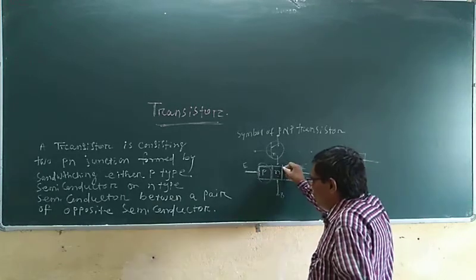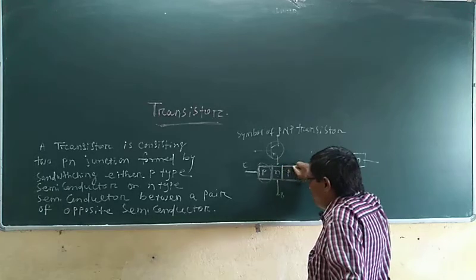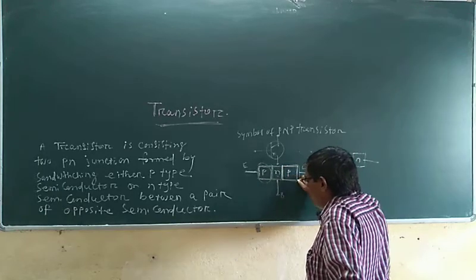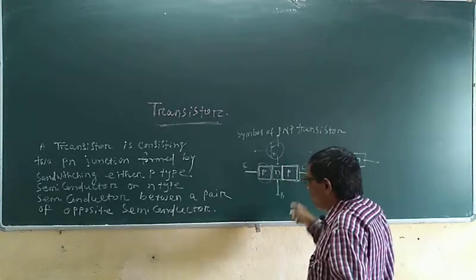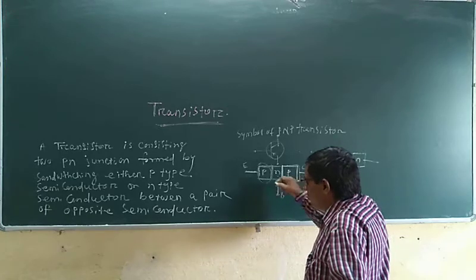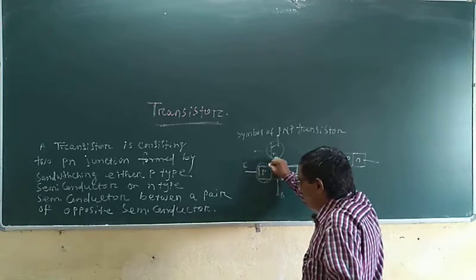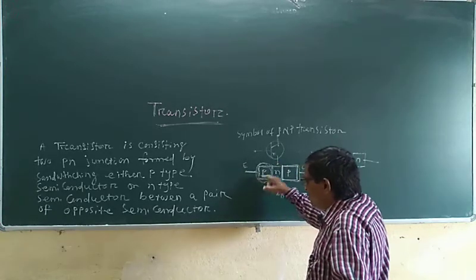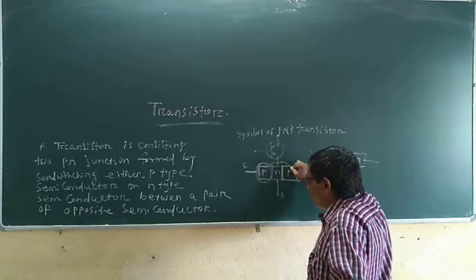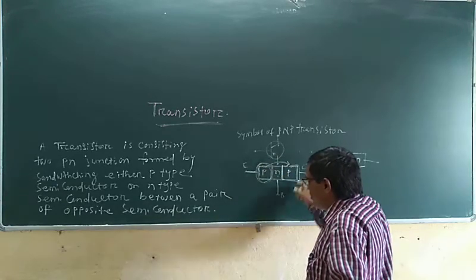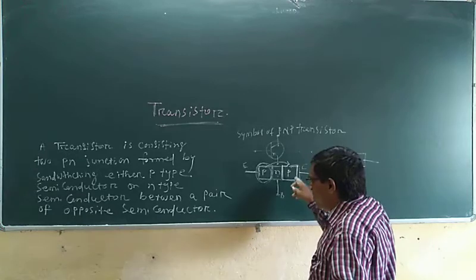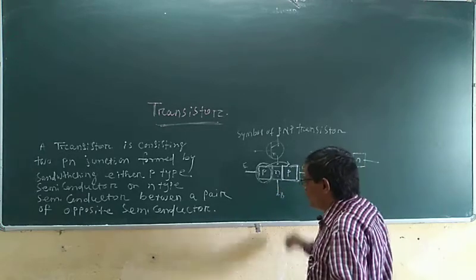The other side of a transistor is known as collector, because all electrons emitted from this section go to that section. This section collects all charge particles from here.